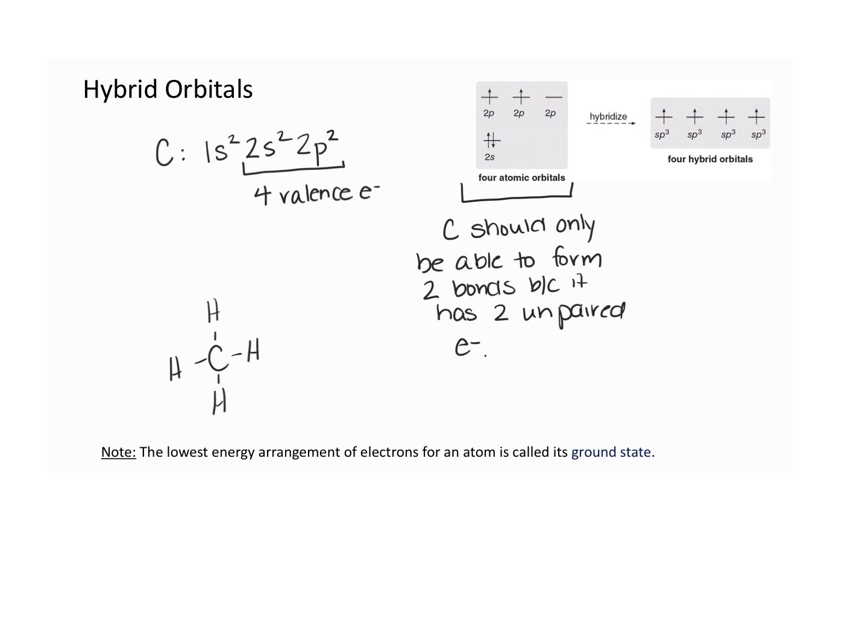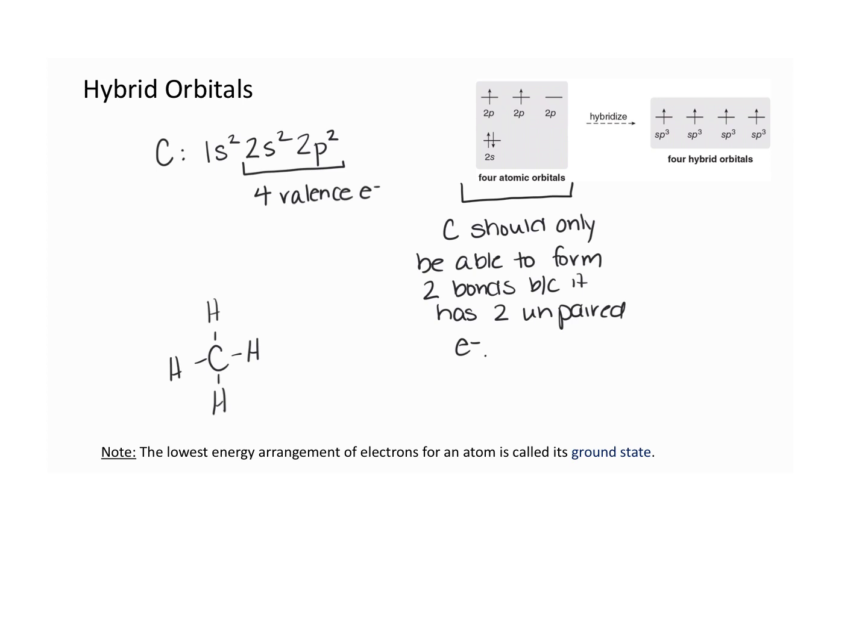Whereas if there were only two bonds here, those bond angles would be different, like 90 degrees. So instead, scientists proposed that we have hybrid orbitals that have some s character and some p character.